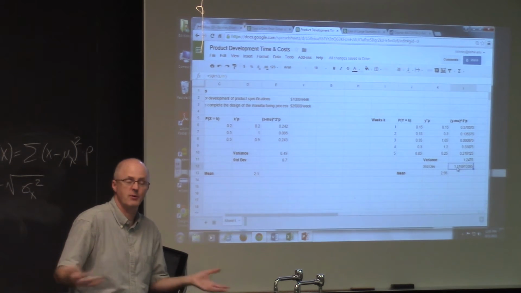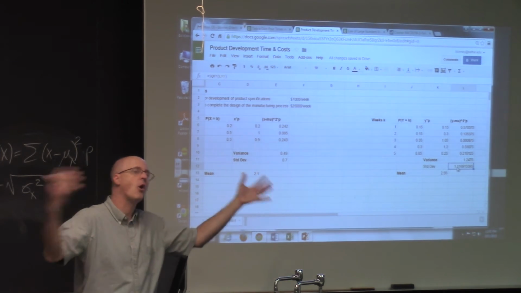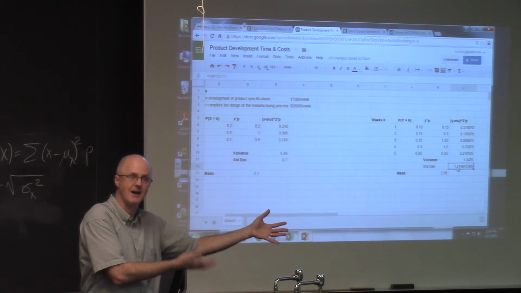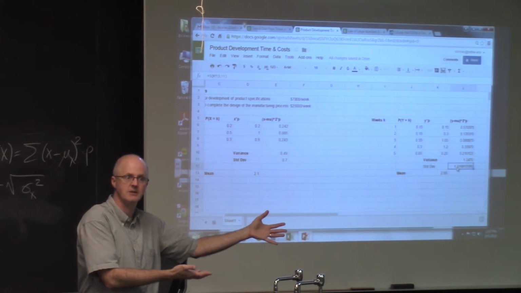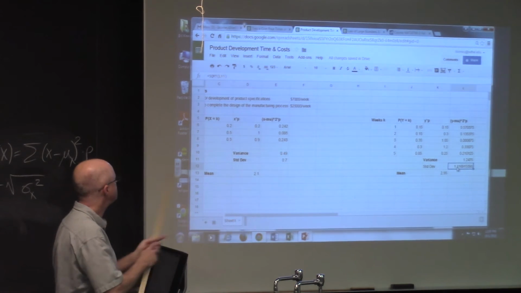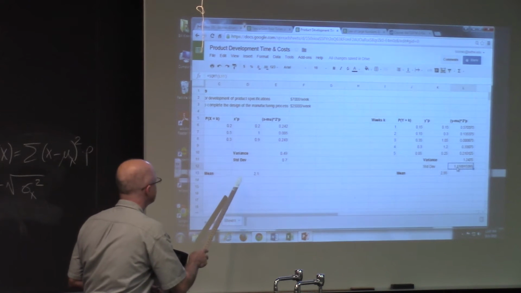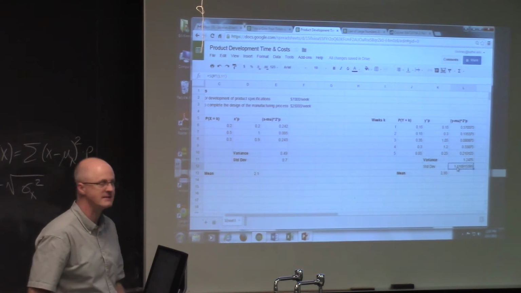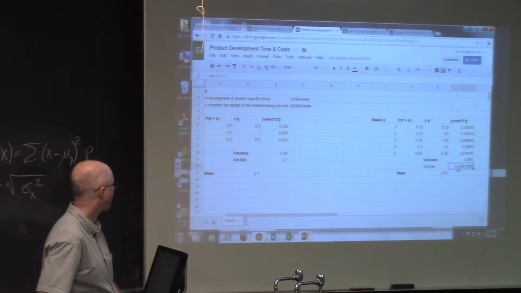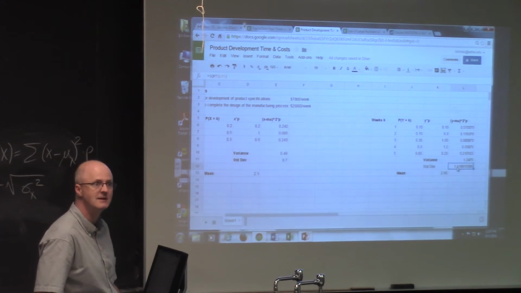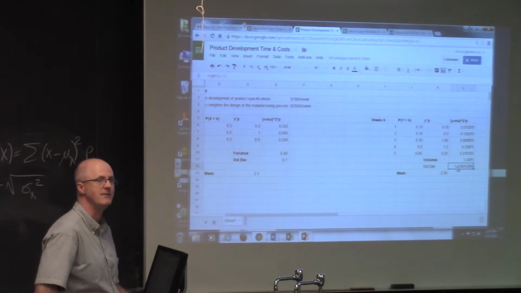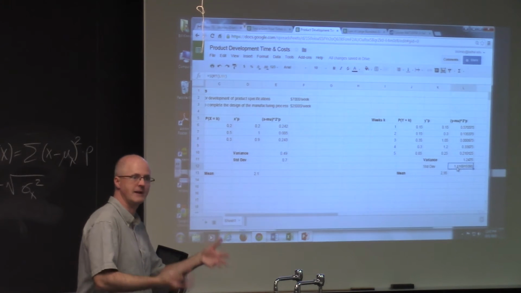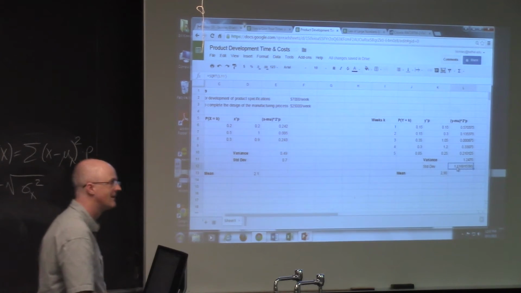Which is relevant for real life, because you want to know how long the total process put together takes, on average, and what's the standard deviation of that. On average, when you put these two processes together, it takes 2.1 plus 2.95 weeks. What would that be? That would be 5.05 weeks, on average, if you do this process over and over again, over many years. Okay?